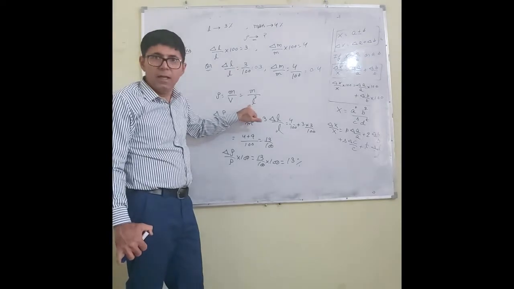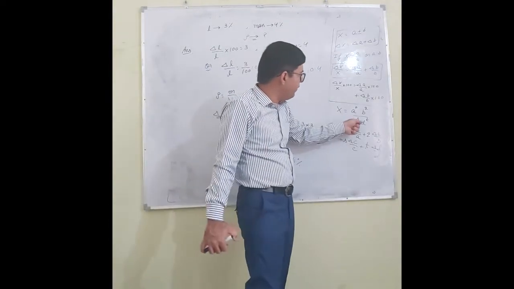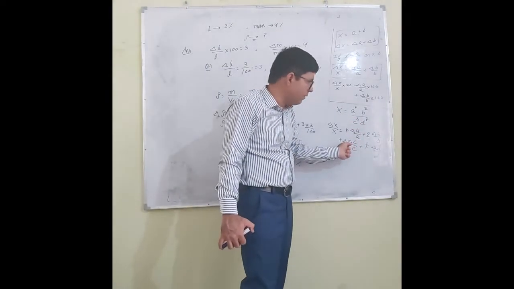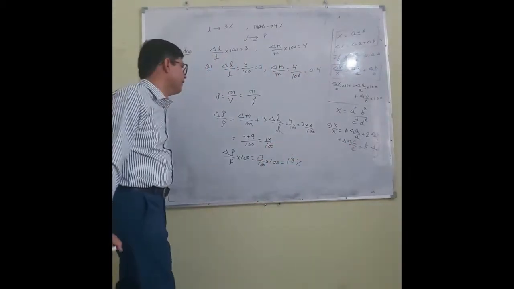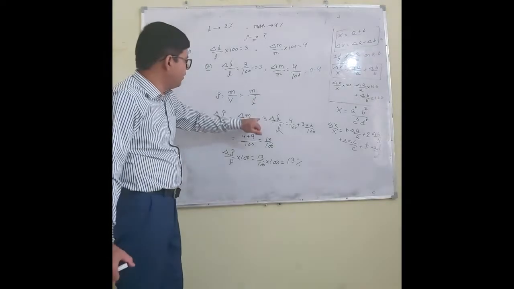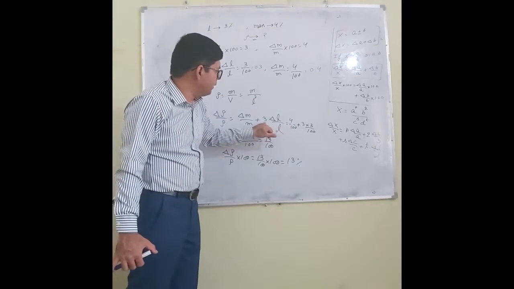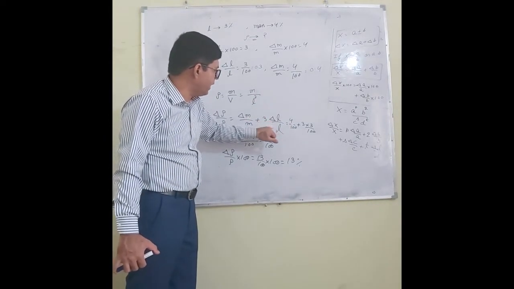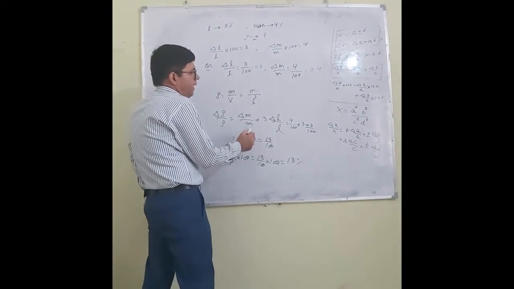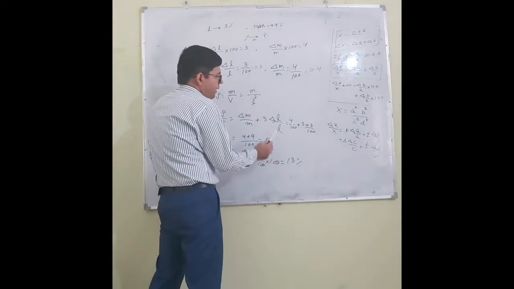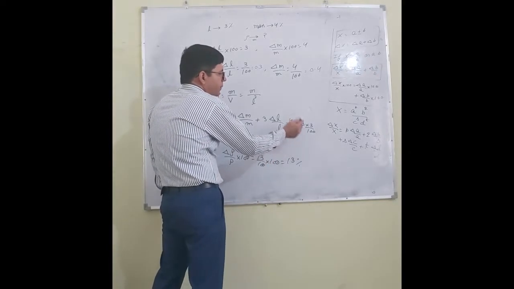But here L to the power 3. And whenever we have some power, it means the power is multiplied to the relative error. So here the power is 3. So it will be multiplied by 3 delta L by L. Now when you put in the values, delta M by M is 4/100, and delta L by L is 3/100.